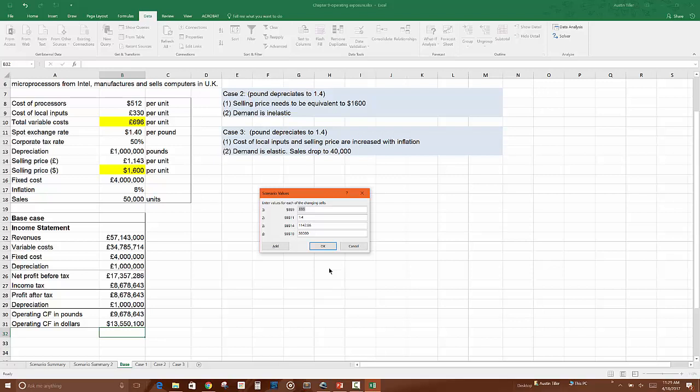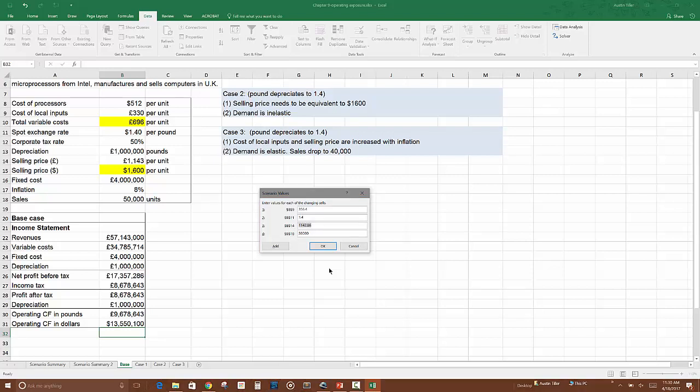Alright, now change the values. First one is cost of local inputs. It was 330 pounds. Our increase with the inflation, so that's just 330 times 1.08, which will be 356.4. The exchange rate changed to 1.4.